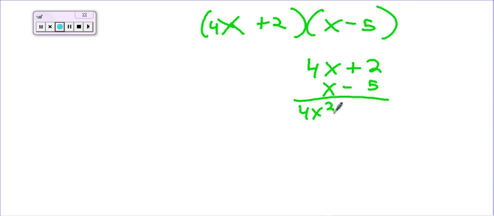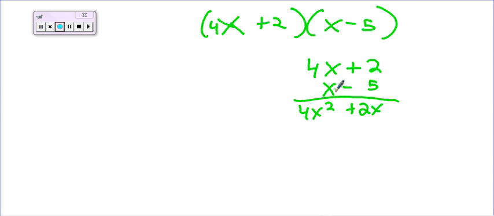Careful now. Negative 10. Now we have to do 2 times x, so plus 2x. So far so good? All I did was multiply this times this and then this times this.